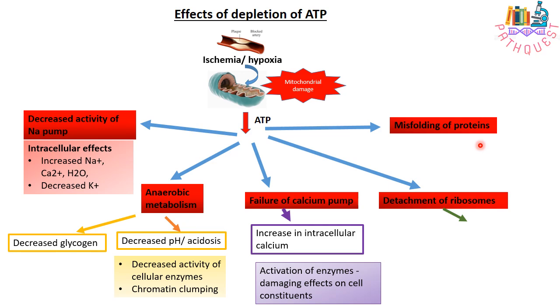The next effect is detachment of the ribosomes from the endoplasmic reticulum, resulting in decreased protein synthesis and misfolding of the proteins. Misfolding of the proteins results in cell death. So these are the various effects of depletion of ATP.